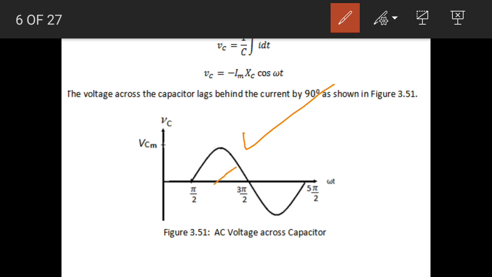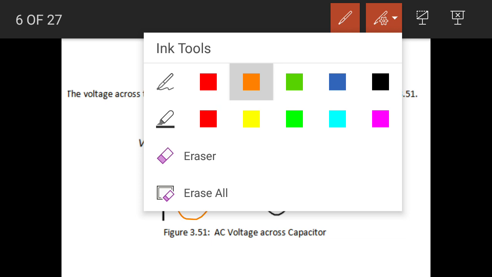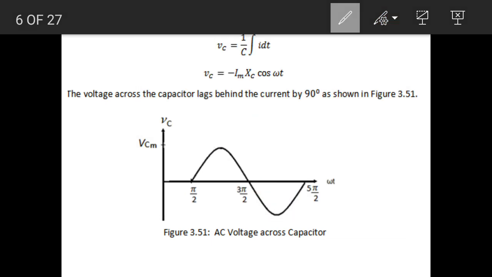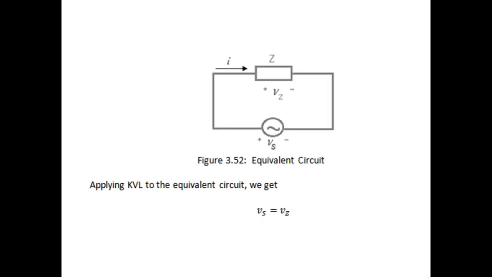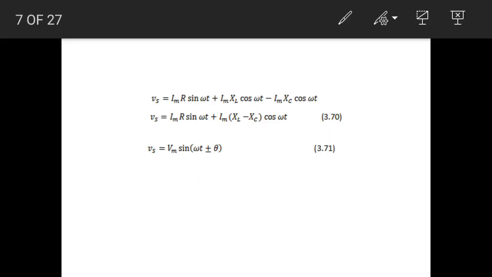So we consider one complete cycle of this AC voltage only. You see this AC voltage starts from omega t is equal to pi by 2, and this voltage is lagging behind the current by 90 degree. Now we are going to find out the equation for the AC voltage across the source.